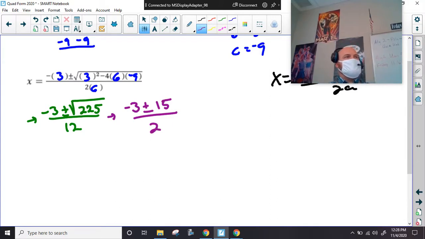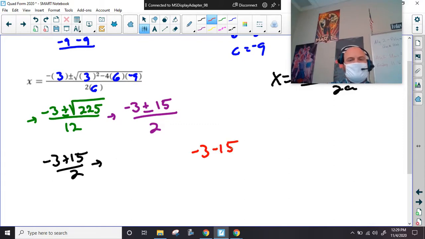Now, believe it or not, we're almost done. Remember yesterday when we had to do the positive version, the plus version, and the minus version? Well, now we're going to do the same thing. We're going to have negative 3 plus 15 over 2, and then we're going to have negative 3 minus 15 over 2.